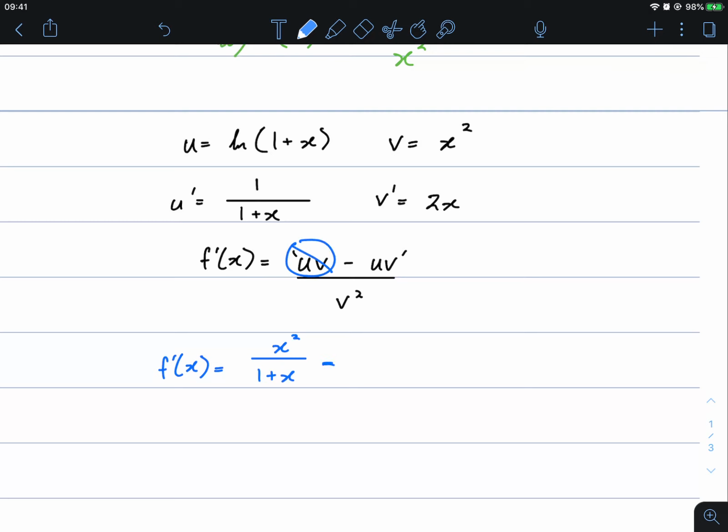Minus u times v prime. So I'm going to leave this as 2x ln of 1 plus x. This is going to be all over x squared, all squared.